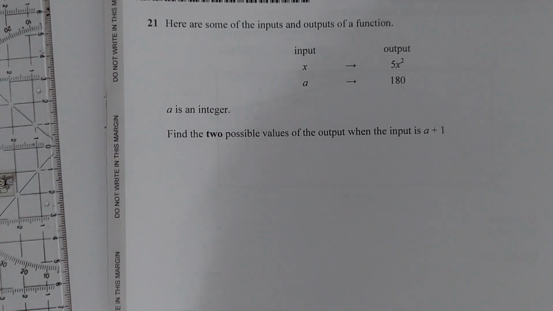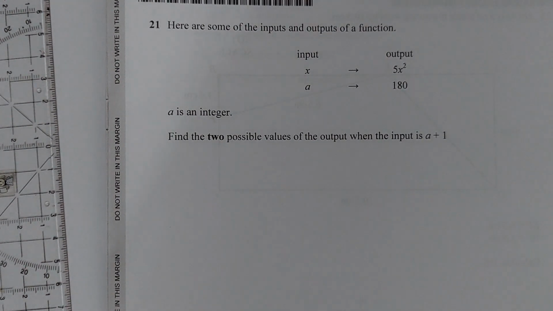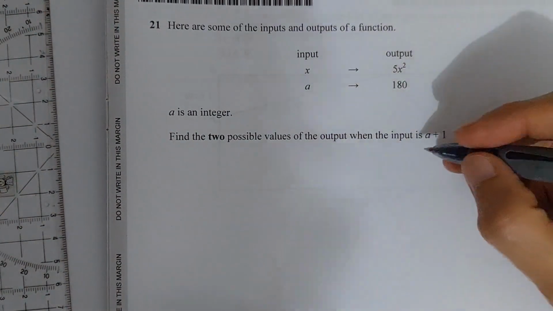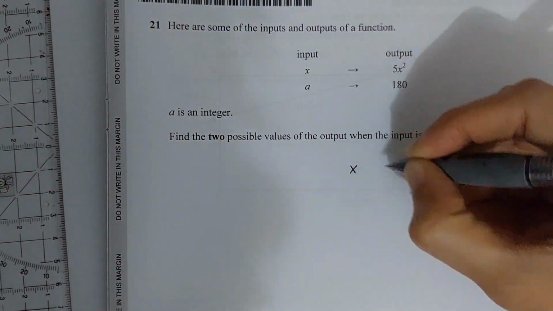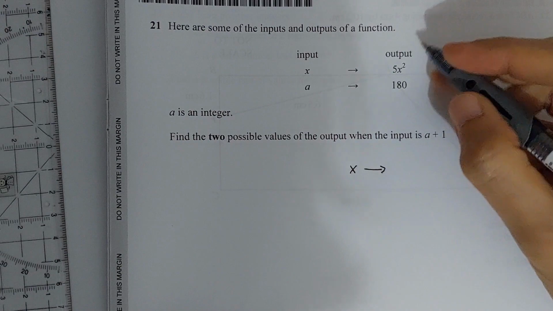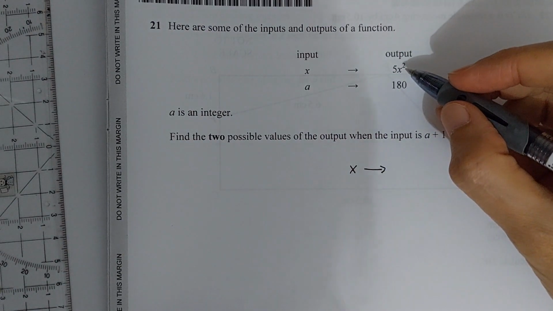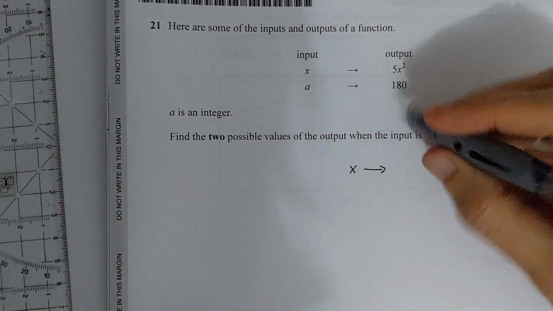Now, number 21, this one is about mapping. It's about input and output. Here are some of the input and output of a function. I give an x and then the output is 5x squared. Now, how to make this one become this? X, I will process it. Which one will I do first here? I will square it first, right?